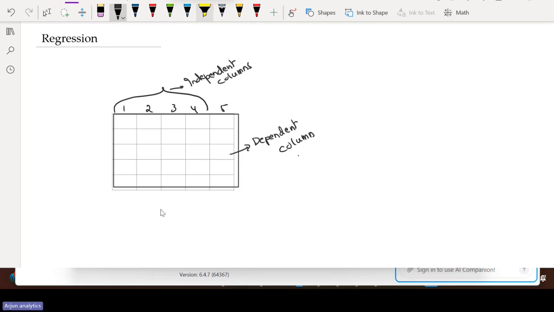See, we know that the dependent column and independent columns are related. Dependent columns are completely dependent on the independent columns. We know that. I told you earlier also.